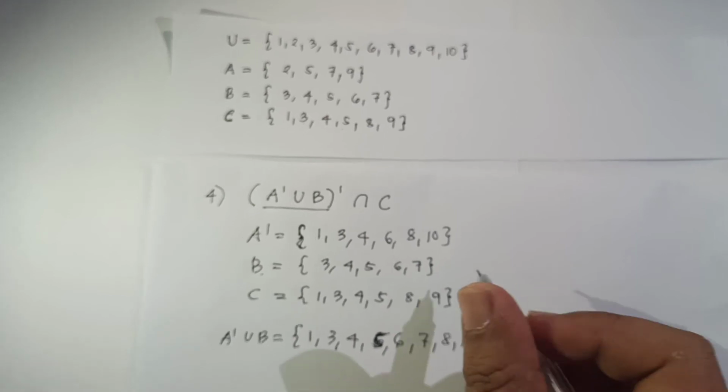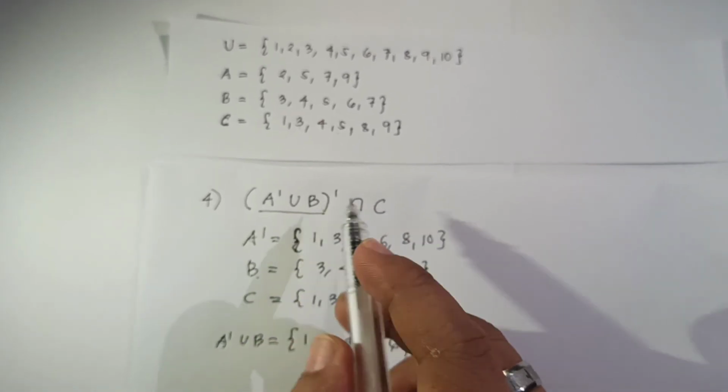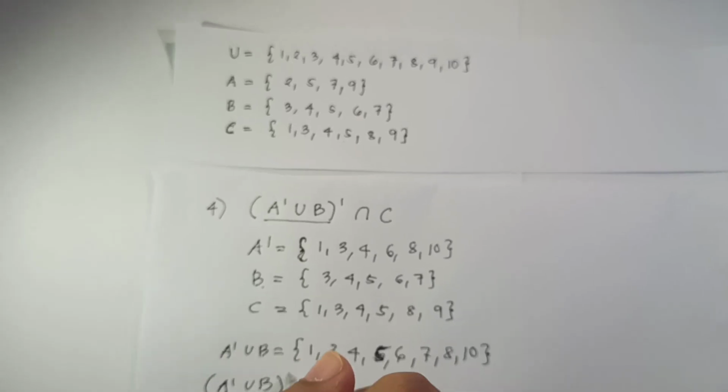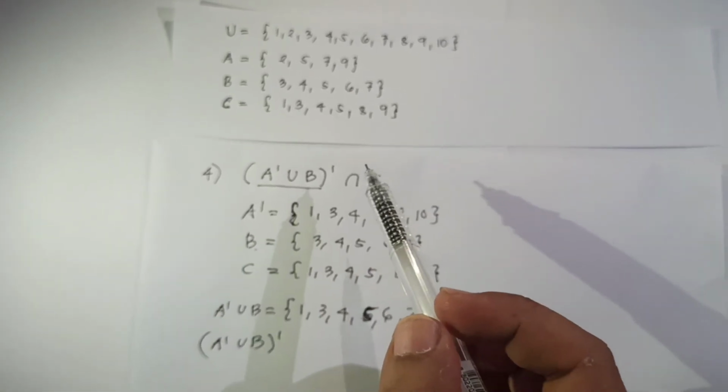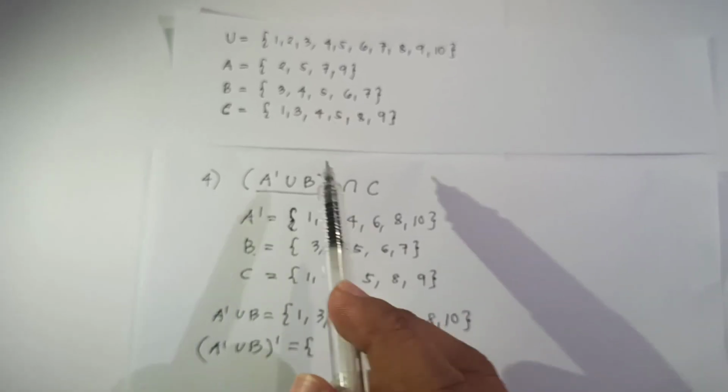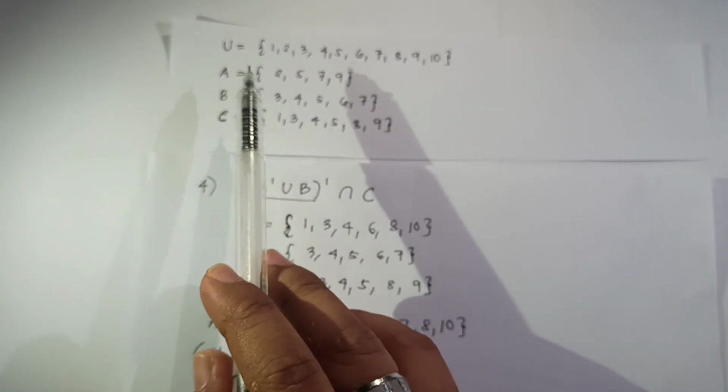So next, since naka-prime pa siya, so A prime union of B prime, we're going to base it on the universal set. So our universal set is this one.